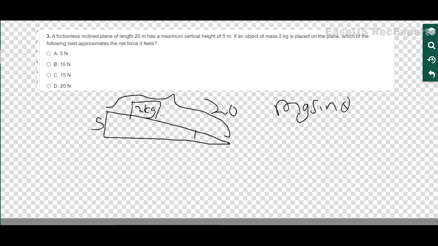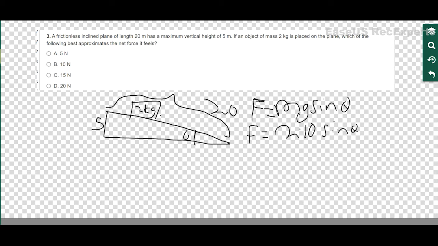So m times g sine theta is equal to your F. And because gravity is the only force here, this will be your net force as well. We know that the mass is 2 kilograms and gravity is 10, so F is going to be that times sine of theta.